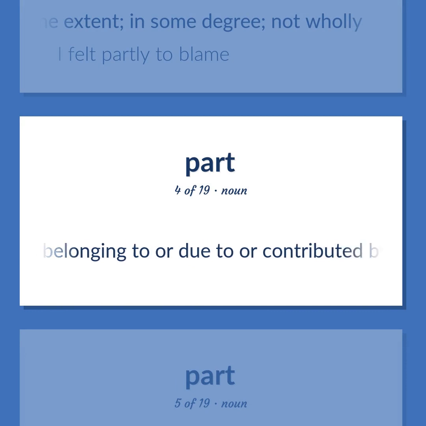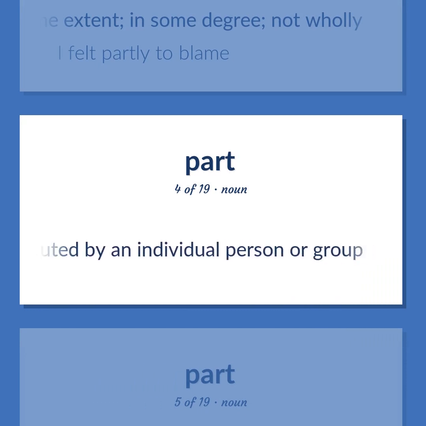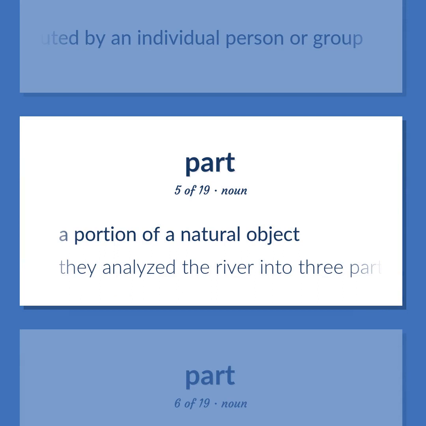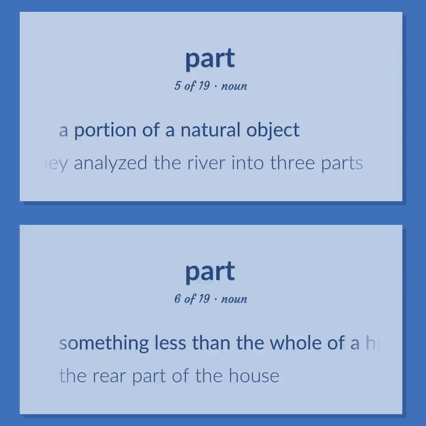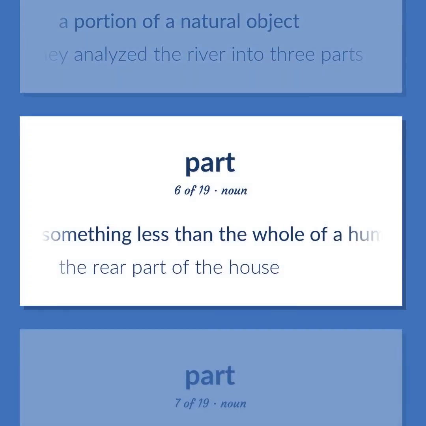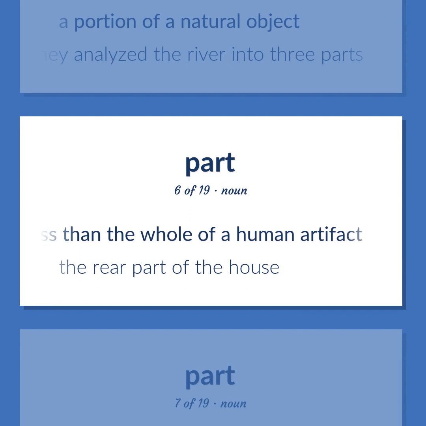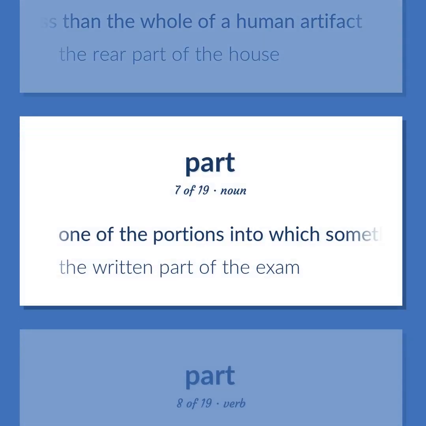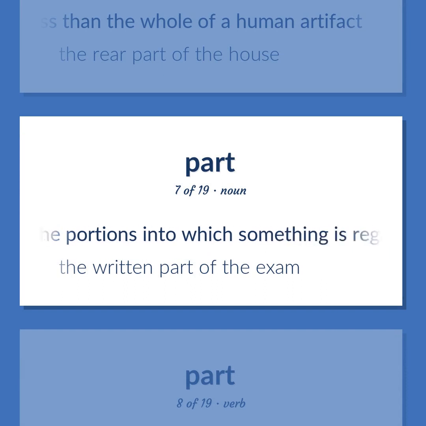Assets belonging to or due to or contributed by an individual person or group. A portion of a natural object. They analyzed the river into 3 parts. Something less than the whole of a human artifact. The rear part of the house. One of the portions into which something is regarded as divided and which together constitute a whole.